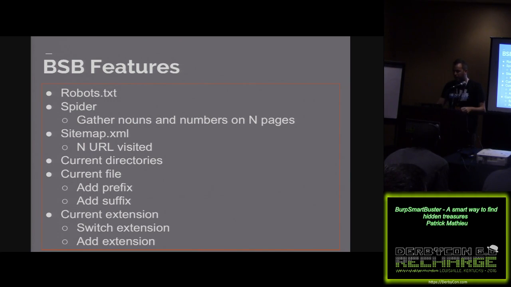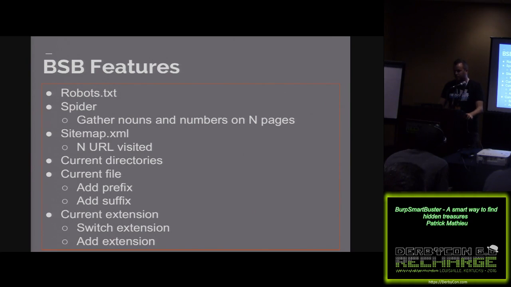Then I have a spider option. The spider option will spider the number of URLs that you defined first, and will gather nouns and verbs from the pages it's spidering, and you can reuse those words that have been written on the website to brute force more directories and file names inside this website.